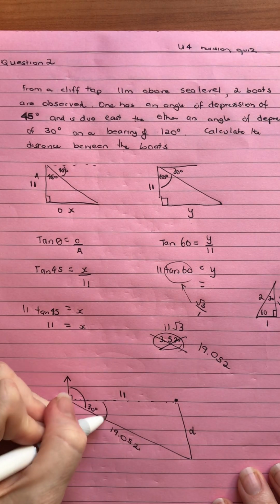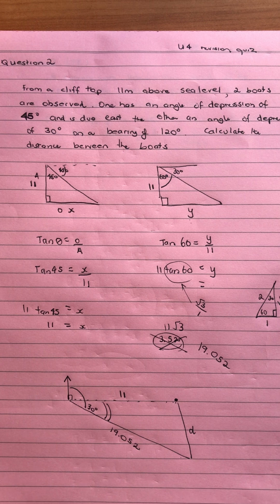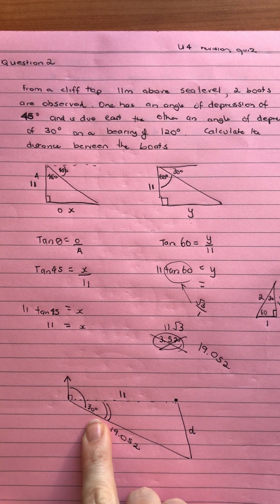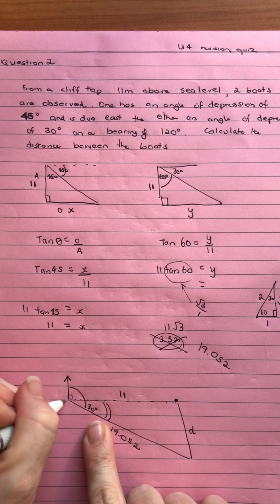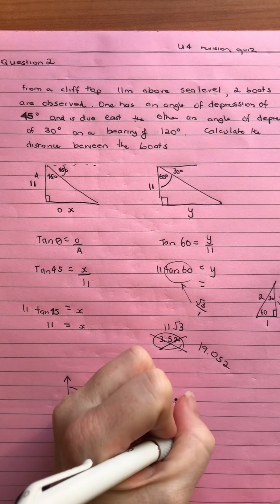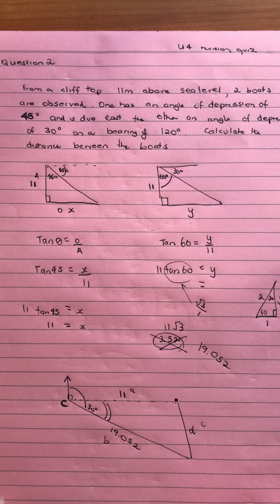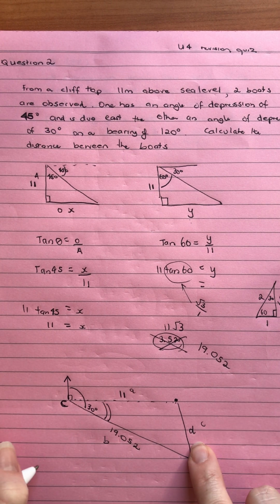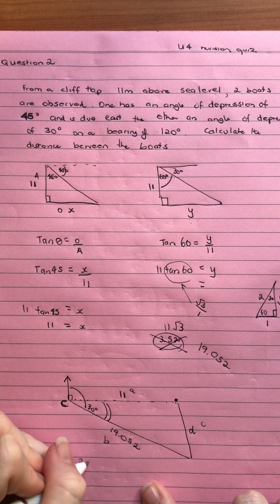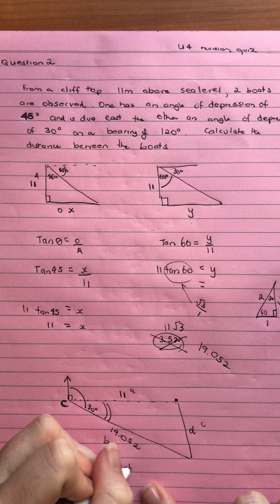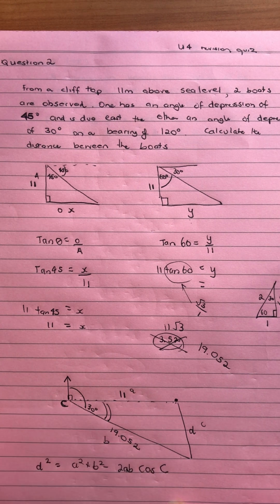Okay, so now we can do the non-right angled triangle part. If we label it with our ABC, we've got our C there, and that's our little c here that we're working out. And then we can call these A and B, it doesn't matter which one. So we've got C squared, or in this case we're using D squared, is equal to A squared plus B squared minus 2AB cos C, and you will be given that formula on the formula sheet, obviously.